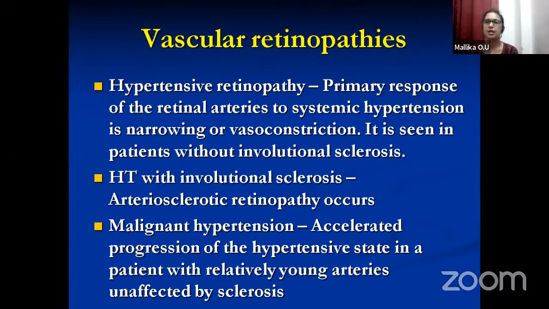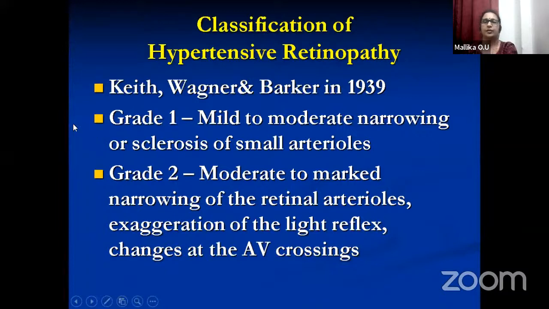Suppose the patient is young and the arteries are not affected, as in patients with a pheochromocytoma or like lesions which occur in young patients, there occurs an accelerated progression of the hypertensive state in which the young arteries are affected and the patient directly goes into a malignant hypertension-like stage. The classification is by Keith, Wegener and Barker. It came a long time back, but we are still following the same classification.